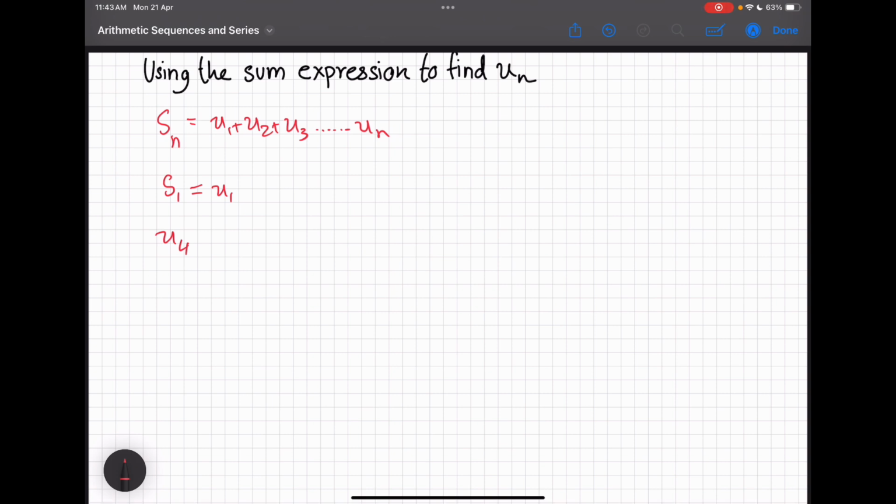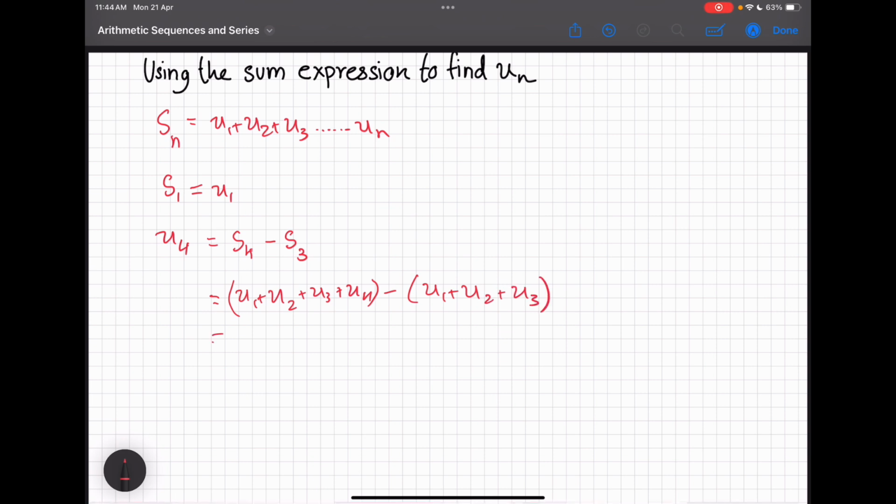That means that we can do the sum of 4 terms in a sequence minus the sum of the 3 terms in a sequence, because that is just equal to u1 plus u2 plus u3 plus u4 minus (u1 plus u2 plus u3).